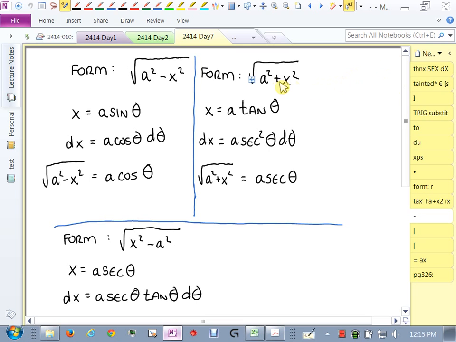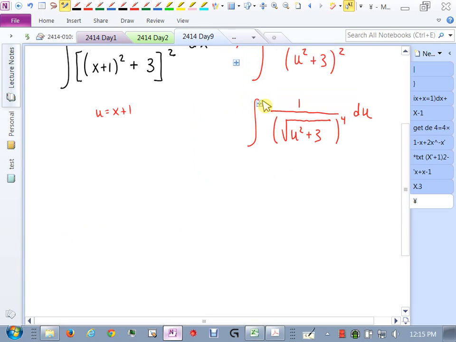If we have something like this, a constant squared plus our variable squared, we make the substitution that it's our variable, which in our case is u, isn't it? u will be equal to a, which a for us is what? Square root of 3 tangent theta. So here I have the form of u squared plus a squared.